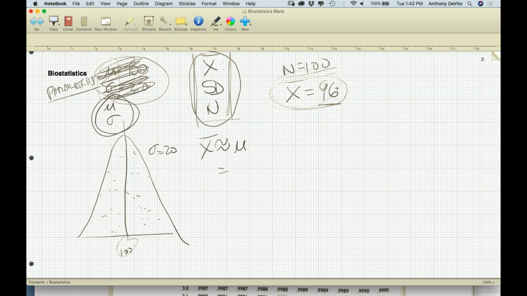So we need a way to describe how accurately we know the mean, or how close we can get to what the actual mean is.